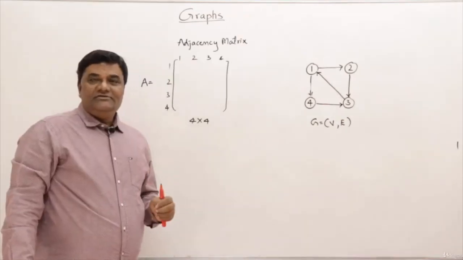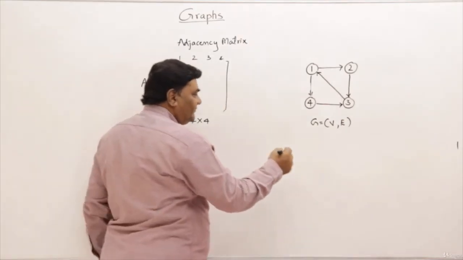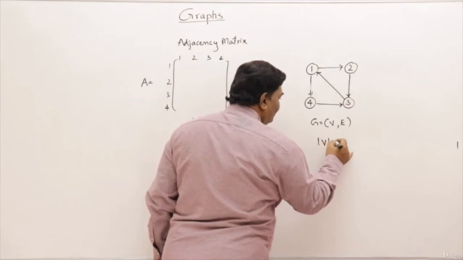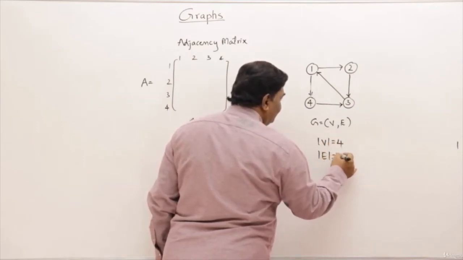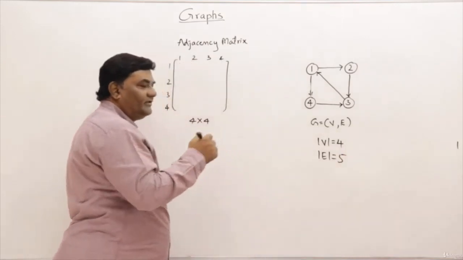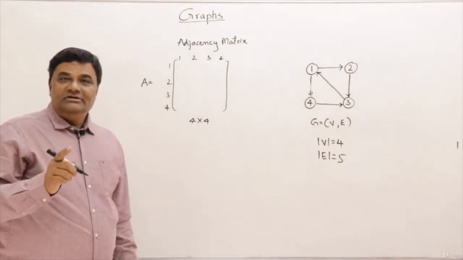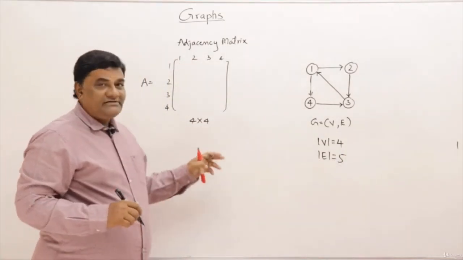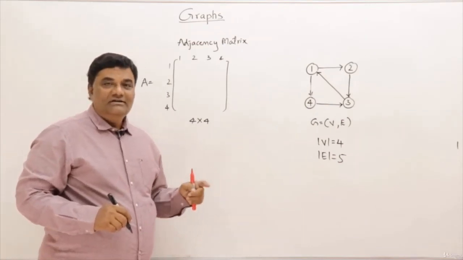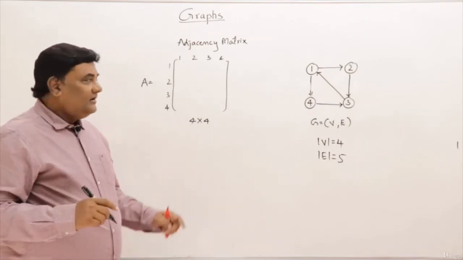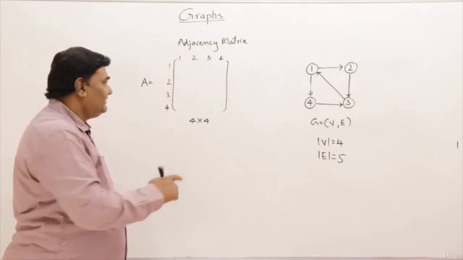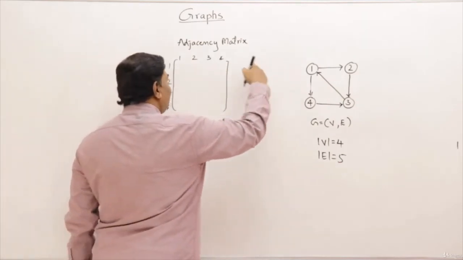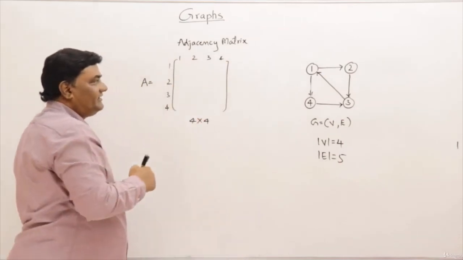I have taken a matrix of size 4 by 4 because here the number of vertices is 4 and the number of edges is 5. Depending on the number of vertices, we should take a square matrix, n cross n. Now each row or column represents a vertex, like the first row represents the first vertex, and the first column also represents the first vertex.